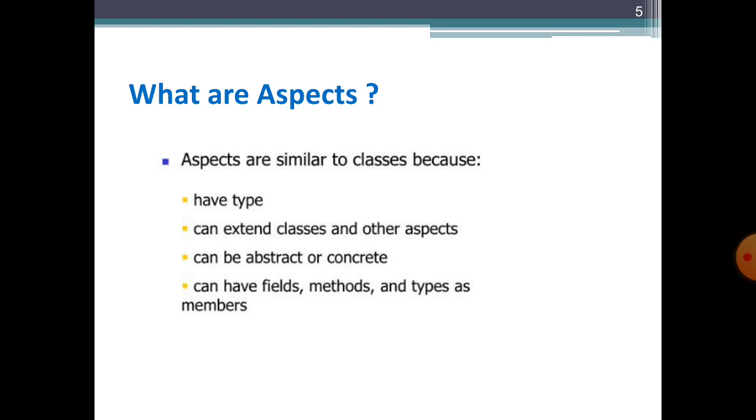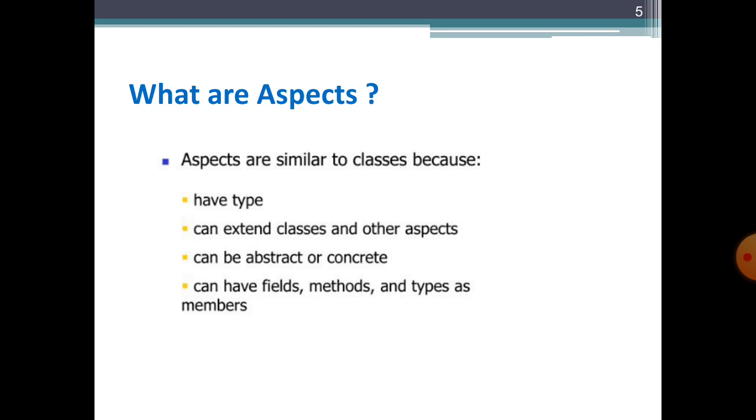Aspects are similar to classes because they have a type, and they can also extend classes, like other aspects as well. We also see in the object oriented paradigm that aspects can be abstract or concrete, and these things are also common in classes. They also have data members, methods, and different types of members.